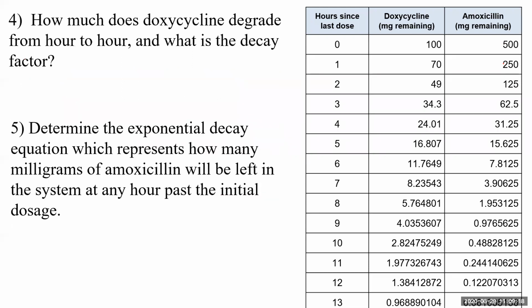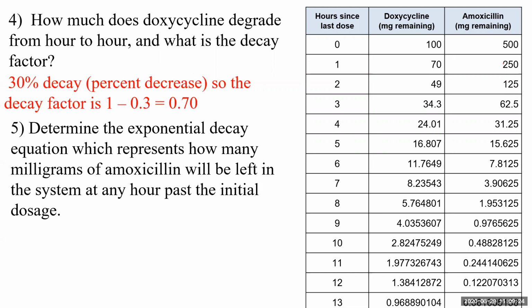Okay. Now look at doxycycline, and what is happening? 30% decay, and that is 1 minus 0.3. Okay, and that is what? 0.70.